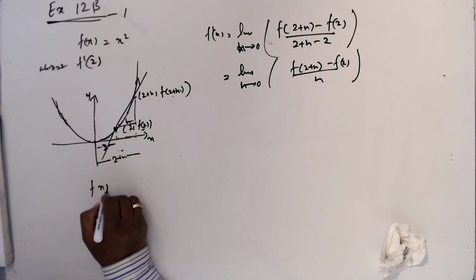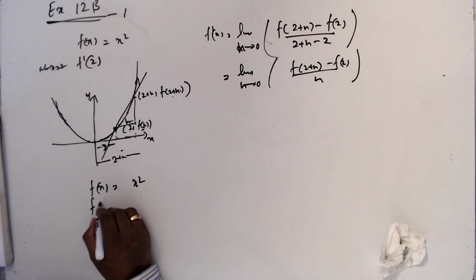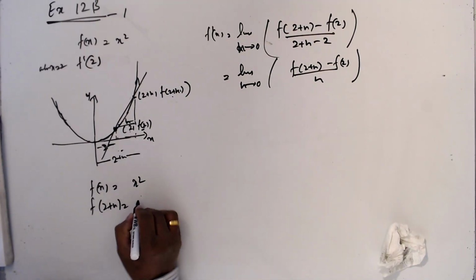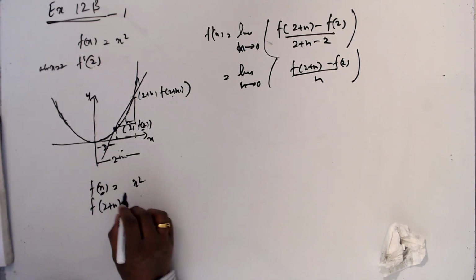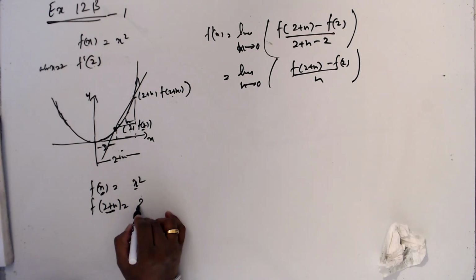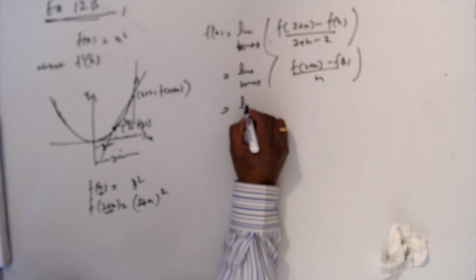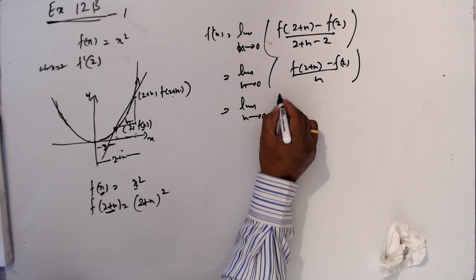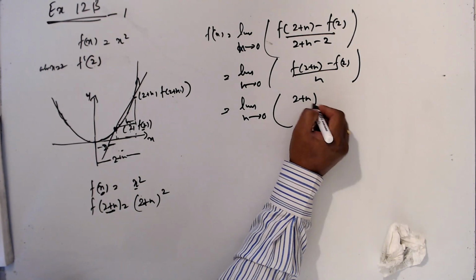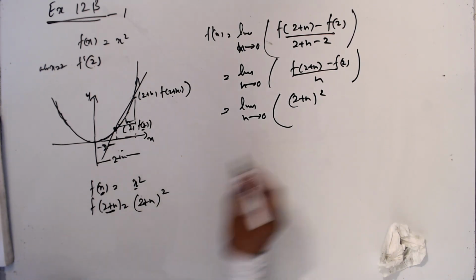We have f(x) equals x squared, then we need f(2 plus h). Then instead of x, you put 2 plus h. So instead of x, (2 plus h) squared. Limit h goes to 0, (2 plus h) squared, and then you need f(2).